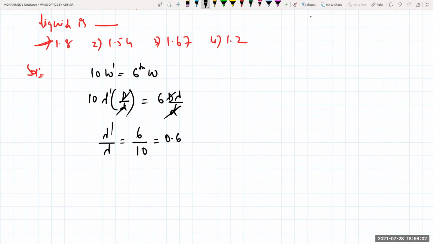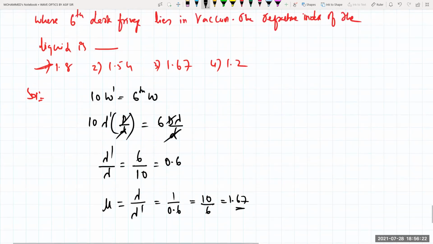What is being asked in the problem? Refractive index, which is the wavelength in vacuum divided by lambda dash. That means it will be 1 by 0.6, that is 10 by 6, which is 1.67. So 1.67 will be the answer.